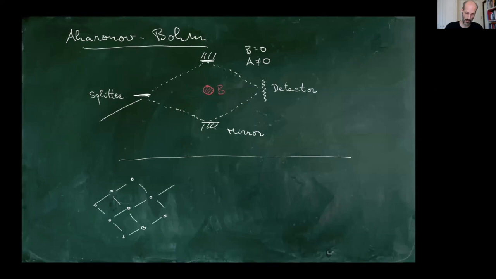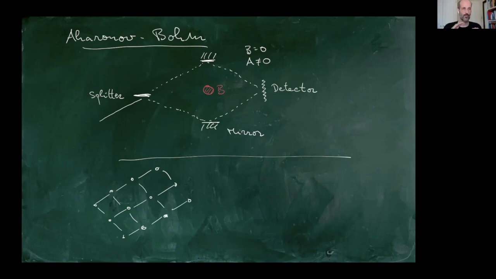So say all of space is just like a graph, and then for every edge of the graph, you give yourself something like a group element in that group G, and that group element tells you how states change as they move from one point to another in that graph.